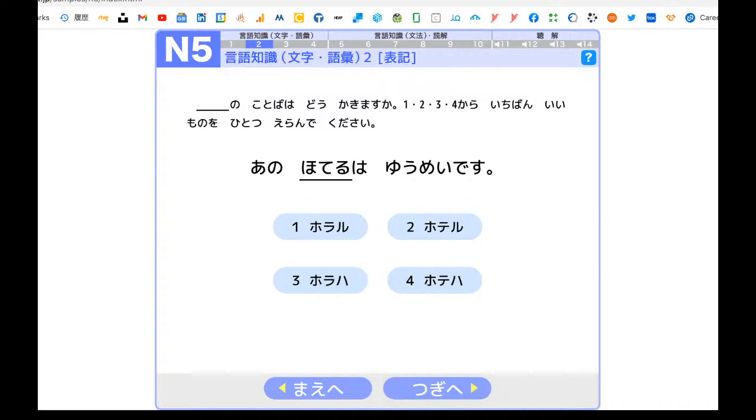Please select the best option from 1, 2, 3, 4. あのホテルは有名です。 So this time you need to convert hiragana into katakana. The tricky part is how to write te and how to write ru.